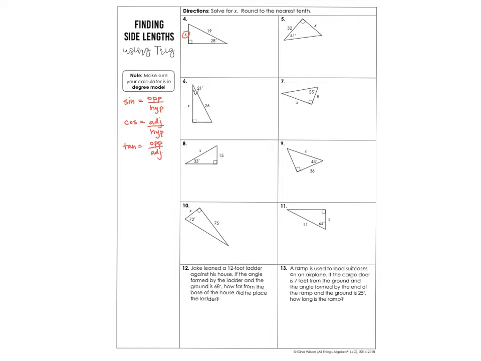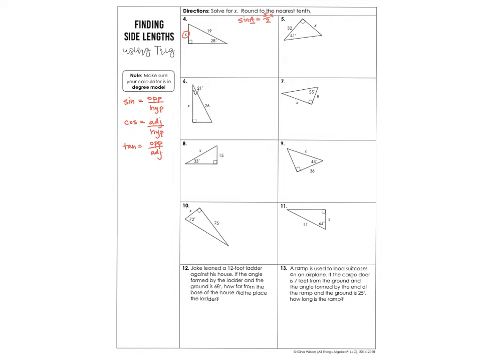Remember yesterday we were looking and it would say sine angle A equals, say, a number, 5 over 10. That's what our problem is going to look like here. We're going to have an actual angle in angle A, and one of these side lengths is going to be the x. And we're going to have to find what x is by solving an equation. Okay, so we're going to set it up.